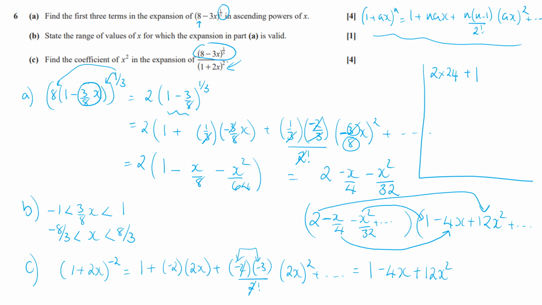And then we're going to have a minus 1 over 32. So that's 24 plus 1 is 25, minus 1 over 32 is 24 and 31 over 32, which is the same as 799 over 32.